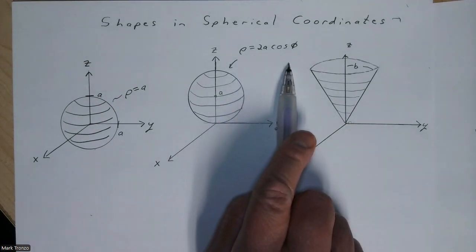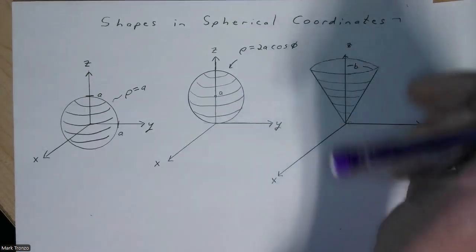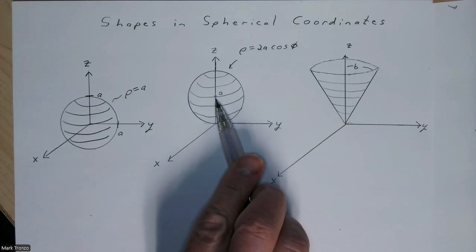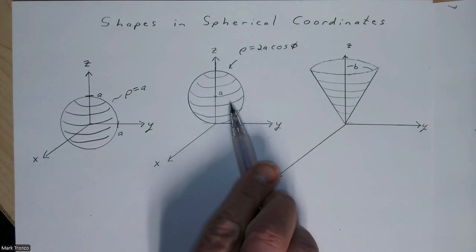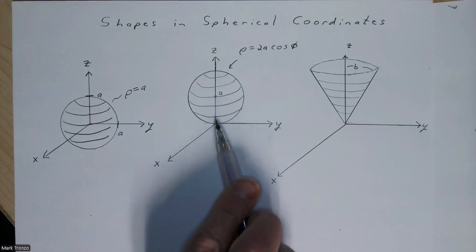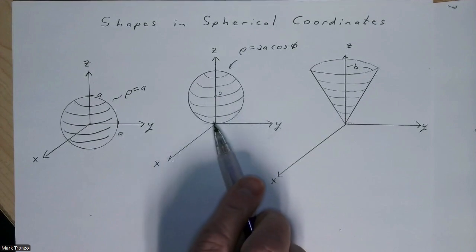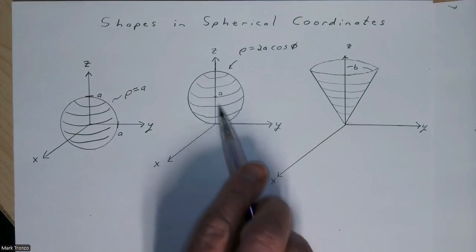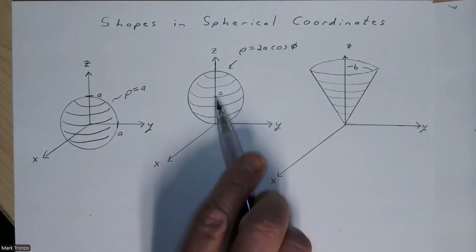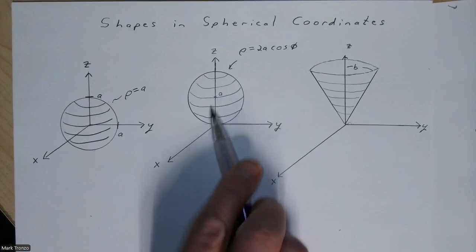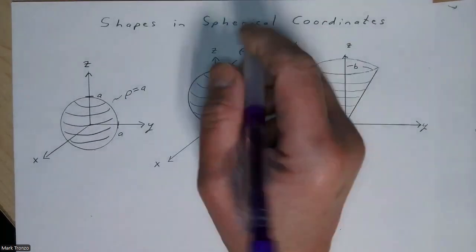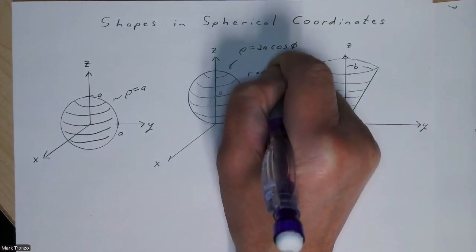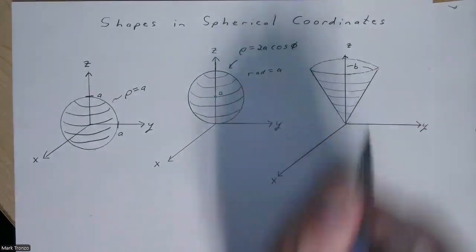We have a similar expression for spherical coordinates. Once again, this is a sphere. It's centered at 0, 0, A, and the radius will end up being A as well, because the distance from here to here is going to be A. So the radius in this case is equal to A.